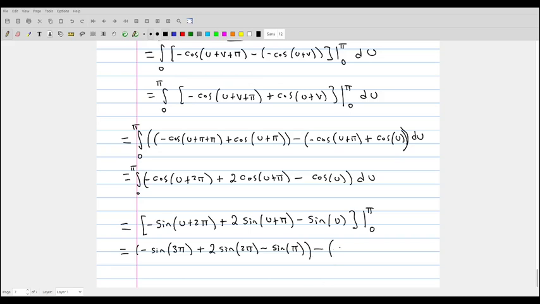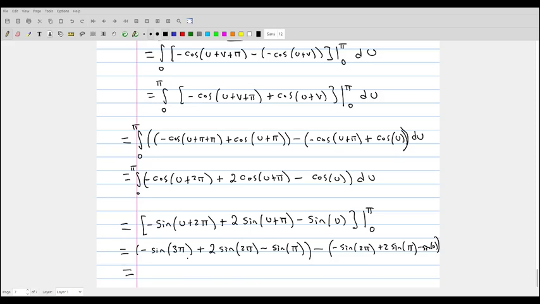And this is going to be minus sine of 0, negative sine of 0 plus 2 pi, which is 2 pi, plus 2 times sine of 0 plus pi, but sine of pi minus sine of 0.